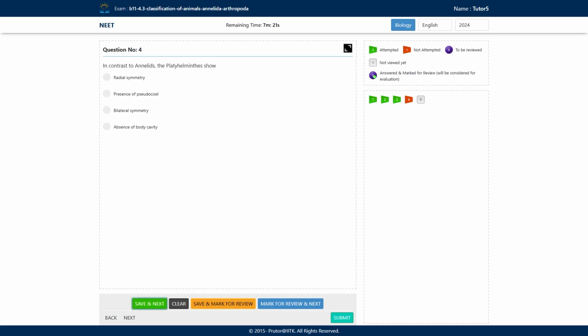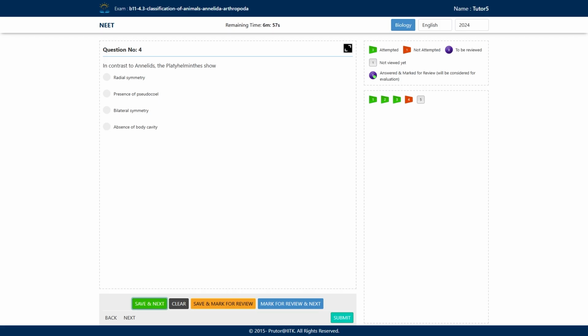In contrast to Annelida, Platyhelminthes show a contrasting feature from Annelida: A. Radial symmetry, B. Presence of pseudocoelom, C. Bilateral symmetry, D. Absence of body cavity. Which option is correct?